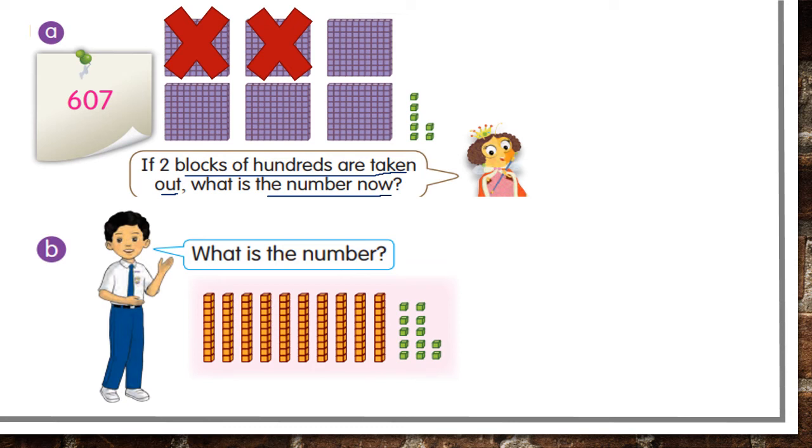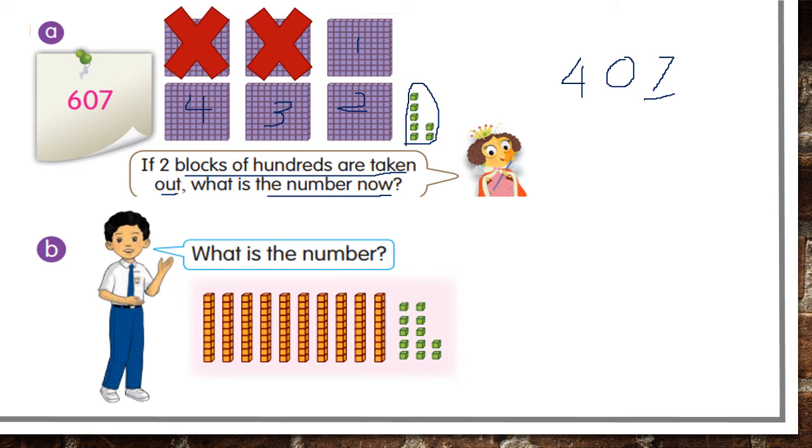Let's count. 1, 2, 3, 4. 4 blocks of hundreds. So the remaining number is 407. We just taken out hundreds block, so ones block is remain the same. That is 7.